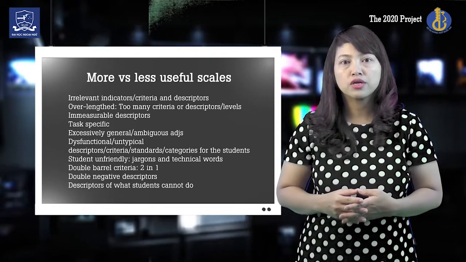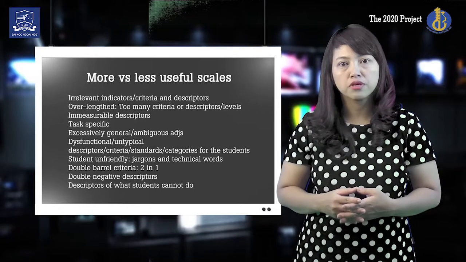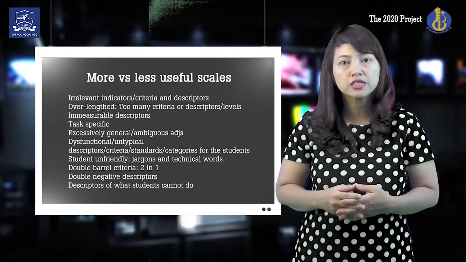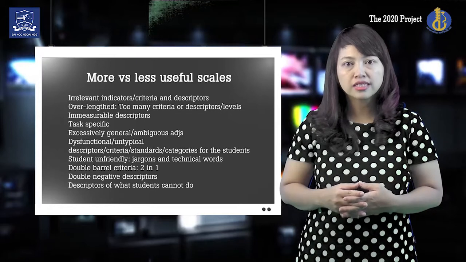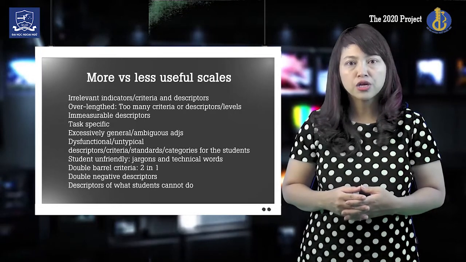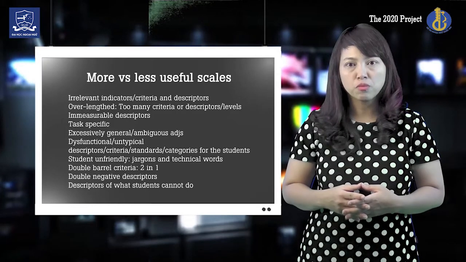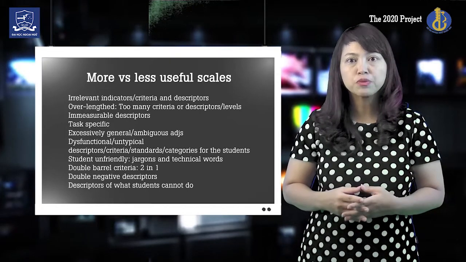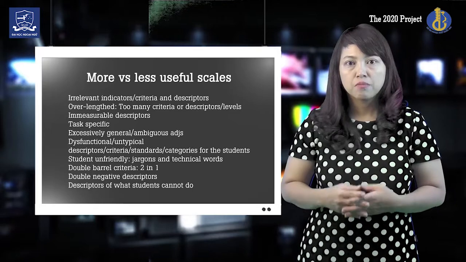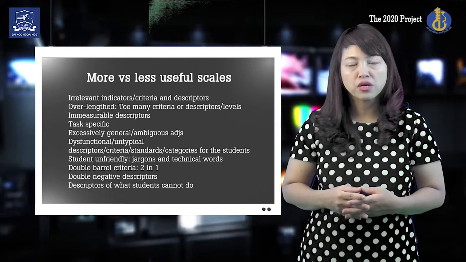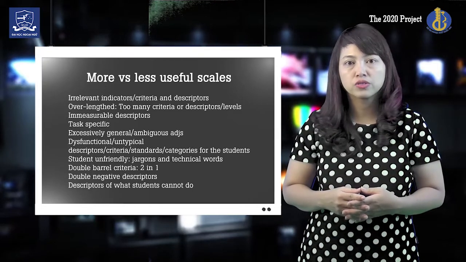Another common ambiguous adjective is the requirement for students to reach native speaker standards, while the standards of native speakers are not defined. Otherwise, the description of the performance levels may be untypical for the students because they have been borrowed from another scale somewhere else.